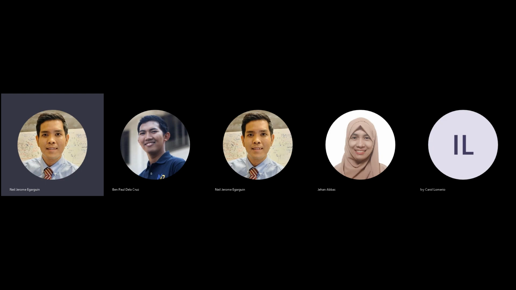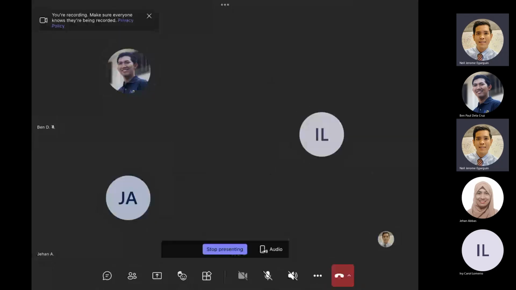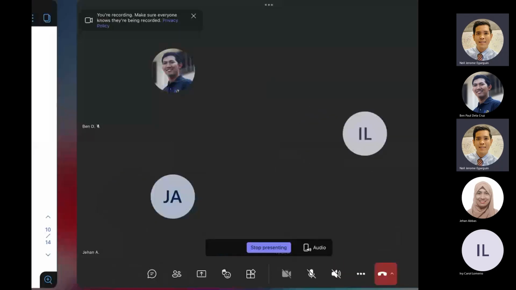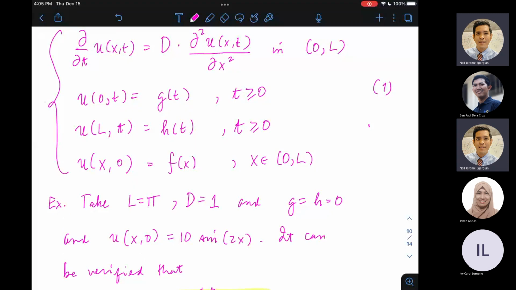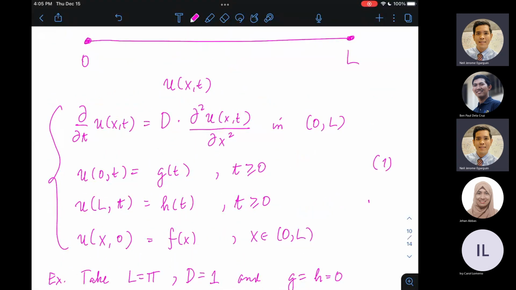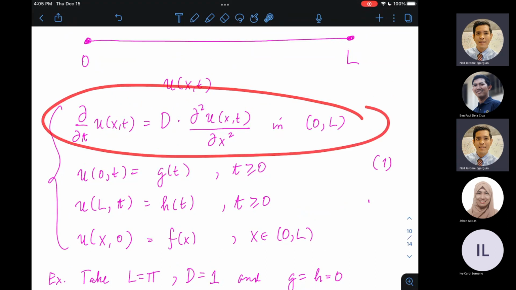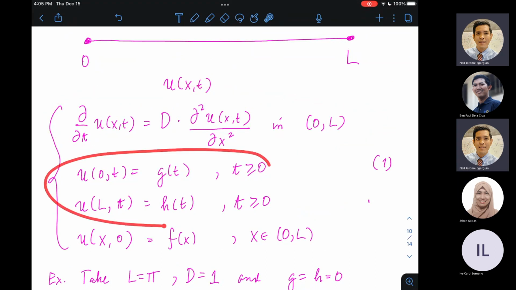So there's a partial differential equation that governs how heat propagates in a one-dimensional region, say in the region 0 to L. So we have the governing partial differential equation and the boundary conditions, which gives us the evolution of heat at the two endpoints, to the left and to the right, at all given time.